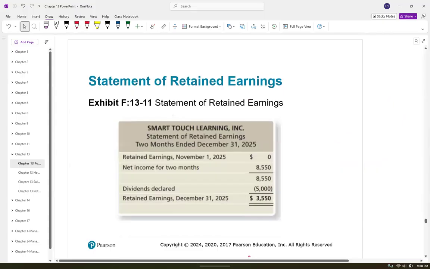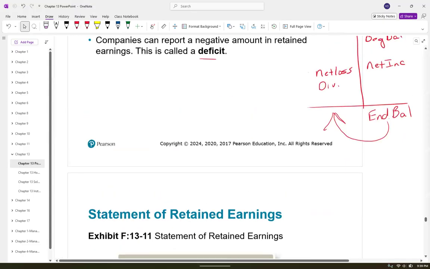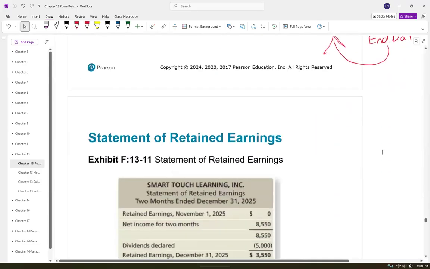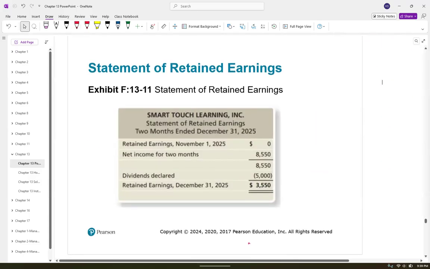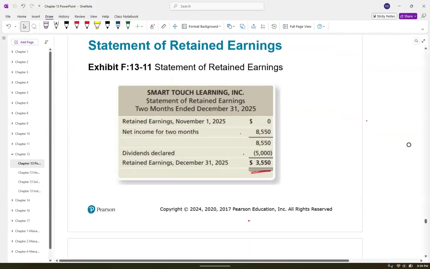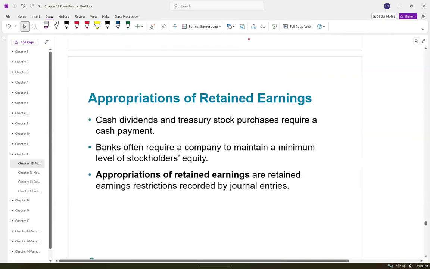So this statement right here is everything that I just put in that T account. Don't get confused thinking it's something else. The beginning balance plus net income minus dividends gives us the ending retained balance. We could have appropriations for retained earnings.